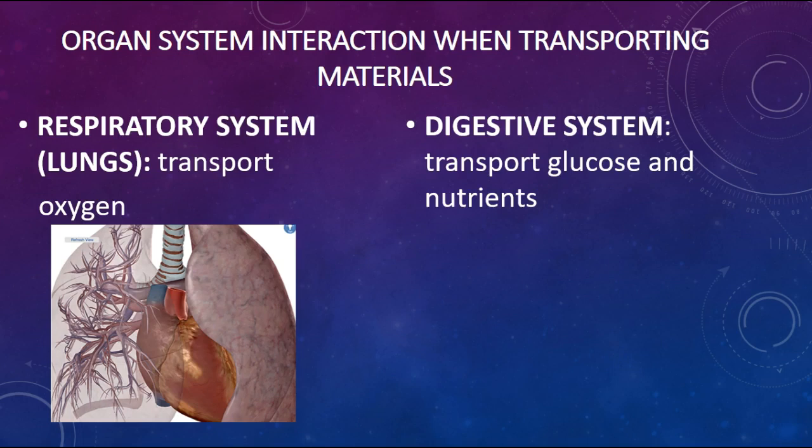With the lungs, the circulatory system is transporting oxygen from your lungs to your body tissues, where that oxygen can then be used by your body tissues to help make energy.